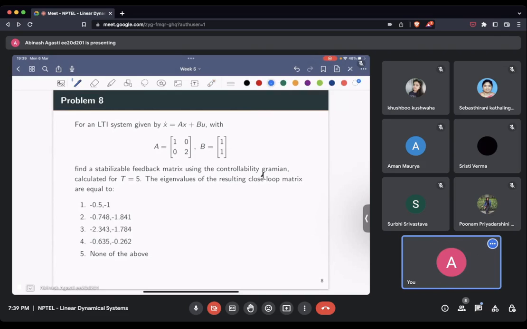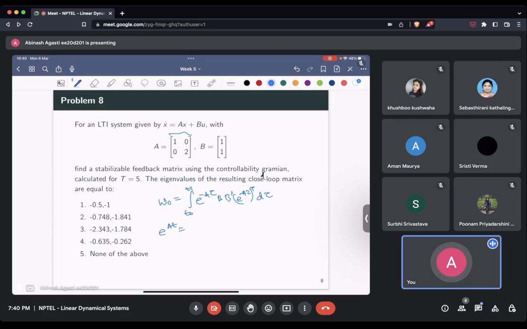Okay. So first let us find the controllability Gramian. The formula is the integral from t naught to t1 of e to the power minus A tau, B, B transpose, e to the power minus A transpose tau, d tau. So first tell me, what is e to the power At? This is a diagonal matrix.